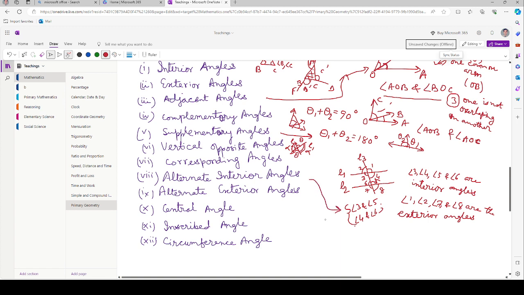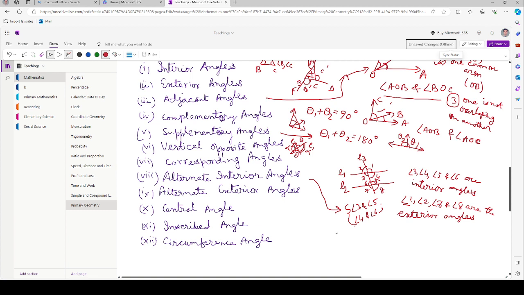Okay. What are the alternate exterior angles? Angle 2 and angle 8. Look here. Angle 1, angle 2, angle 7, angle 8. These four are the exterior angles. Among these four angles, angle 2 and 8 are exterior angles, but they are opposite to the transversal.